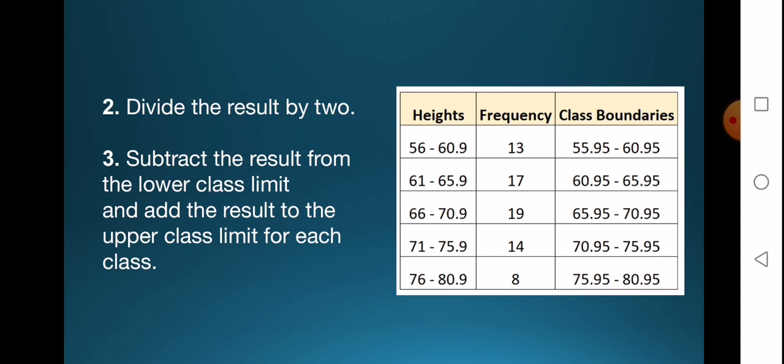The second class has a lower class boundary of 60.95 and an upper class boundary of 65.95. The third class has a lower class boundary of 65.95 and an upper class boundary of 70.95.